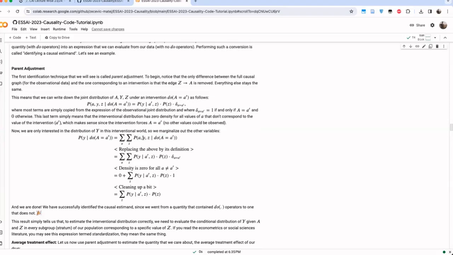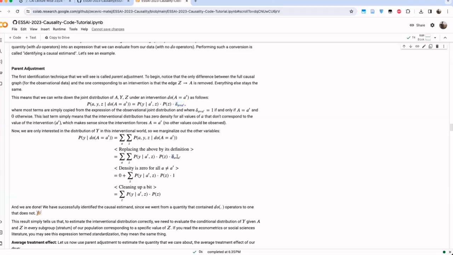So we reintroduce the marginals Y, A and Z. Now we replace with the above definition that setting A to some value is just going to be this delta function on the A part, right? Because the probability of observing A to be A prime in the setting where we set A to A prime is 1.